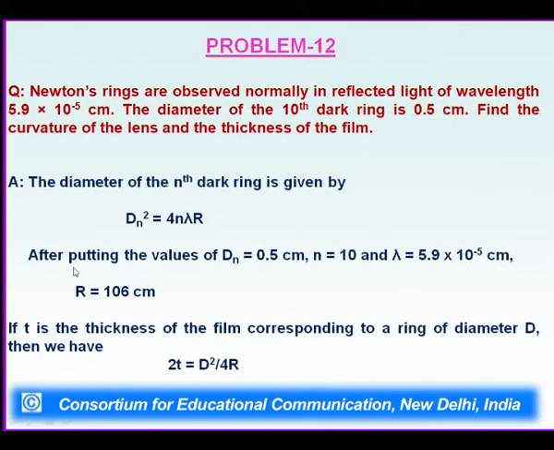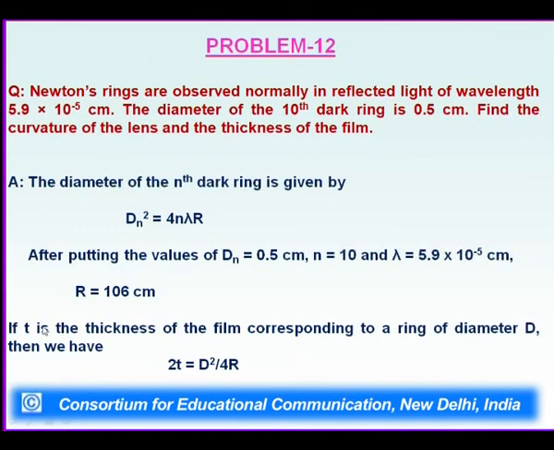By putting the values of dn, n and lambda, we can calculate r. R is equal to dn square divided by 4n lambda. The value of r is equal to 106 centimeter. In this manner we calculate the curvature of the lens. Now we calculate the thickness of the film.